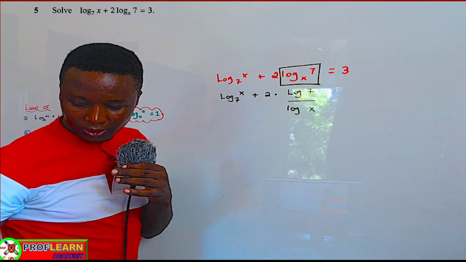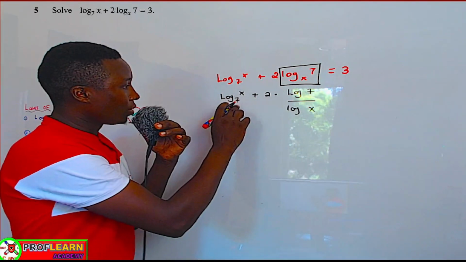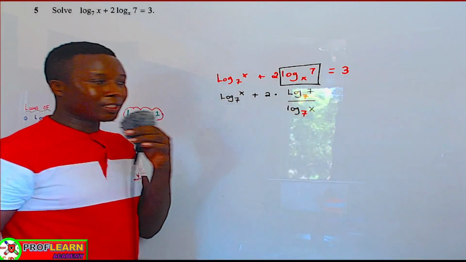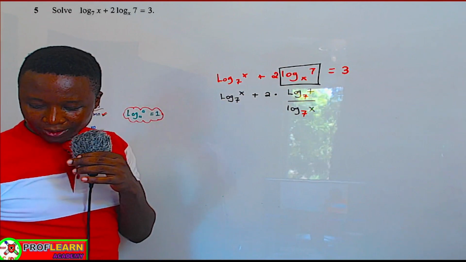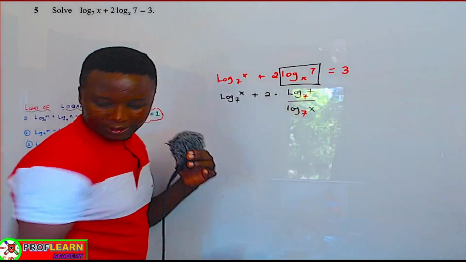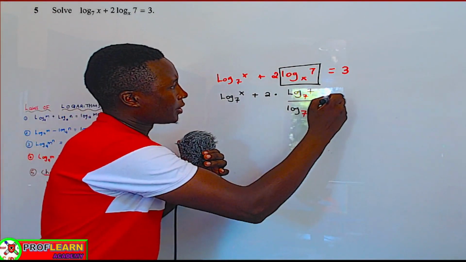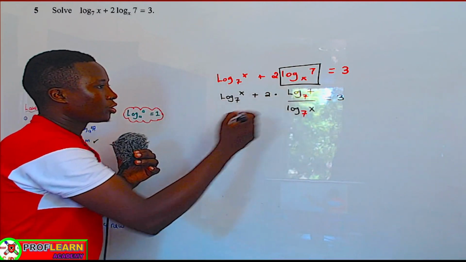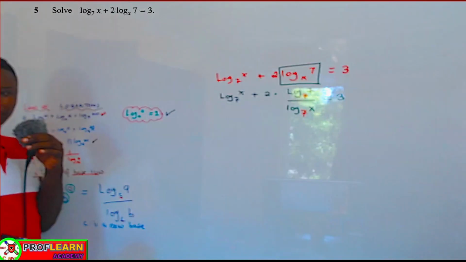We are in the process of changing the base. So since we need base 7, we shall say here is 7 and here is 7. So at that particular point, you'll agree with me that this value that we have here is 3, then the whole of this number is going to run to 1.